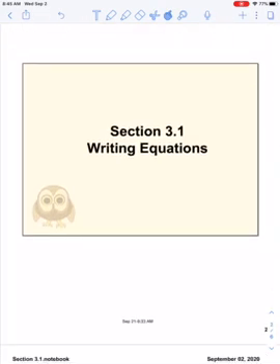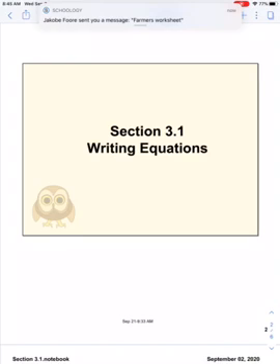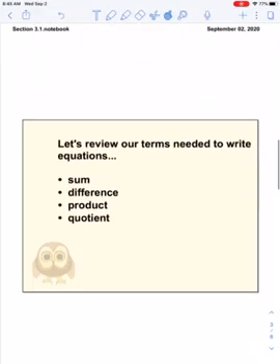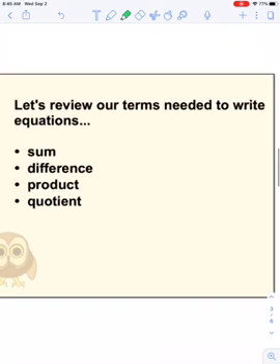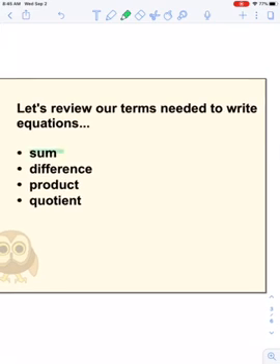We are writing equations, so we're doing something extremely similar. It's just going to be a little longer because we're going to have 2 sides of the equal sign instead of just an expression today. These are words you need to know, so you need to write them down. Sum, we just said, means to add. Difference is the fancy word for subtract.